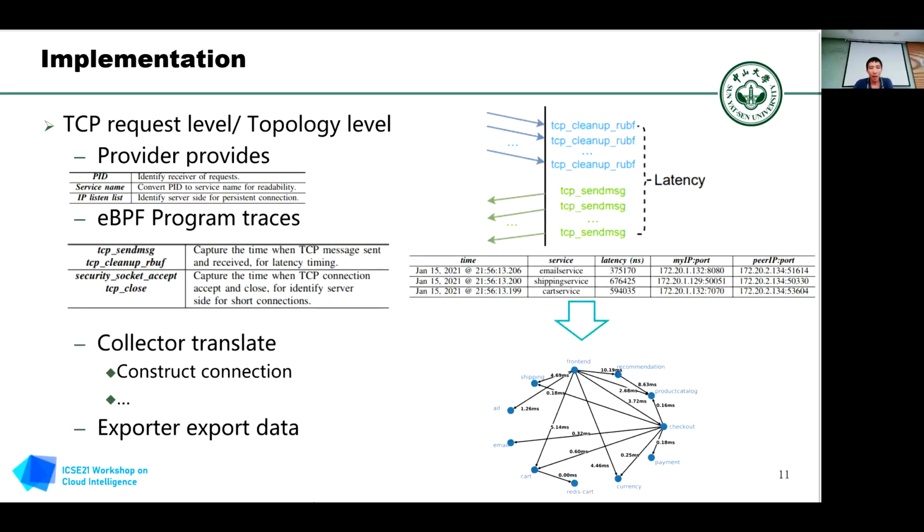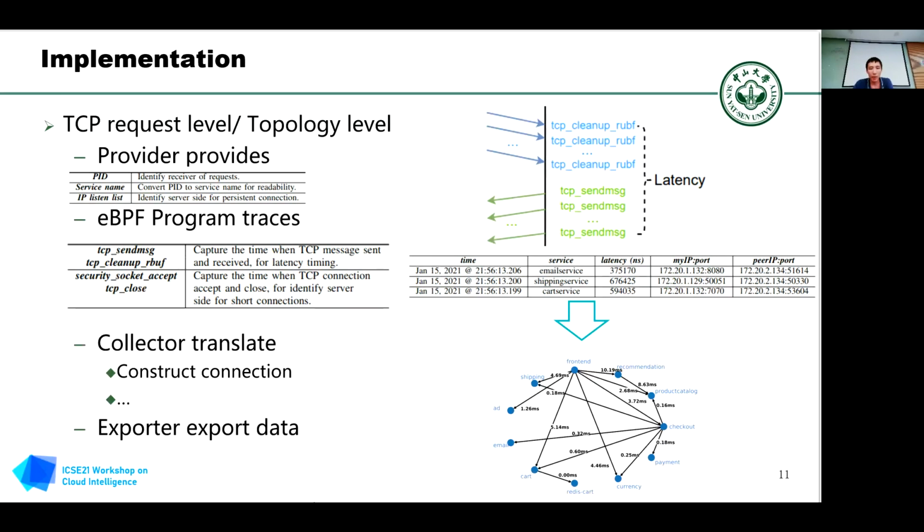Here is an example of collecting indicators of TCP requests. The table shows what should be provided by the provider and what kernel functions the eBPF program should attach to. The request latency is calculated by subtracting the first received message timestamp from the last sent message timestamp. So eBPF should hook relevant functions to capture the time.